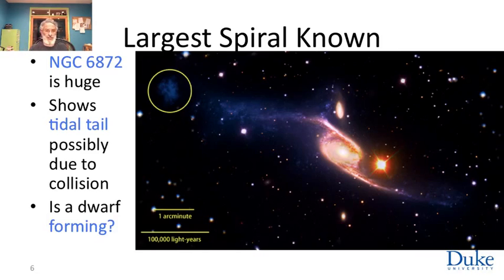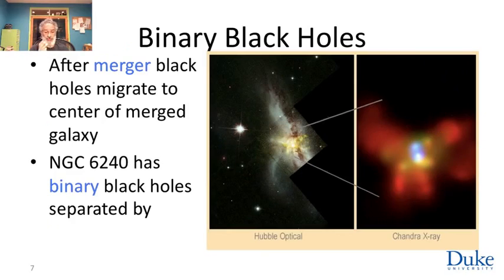So you could find yourself in the interesting situation like NGC 6240, which is a galaxy whose shape clearly suggests a past in which some interaction happened, and an X-ray image of the center shows two X-ray sources, two black holes. This has a binary supermassive black hole, and they are separated by, this doesn't say, but what it meant to say is that these things are separated by on the order of 3,000 light years, or a kiloparsec, an eighth of the distance from the sun to the center of the galaxy.